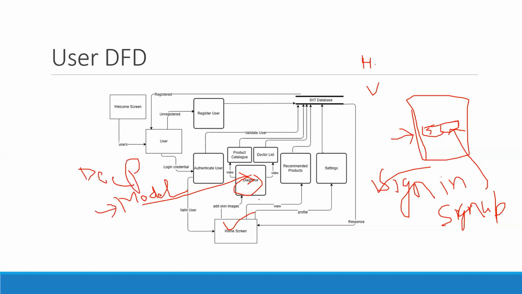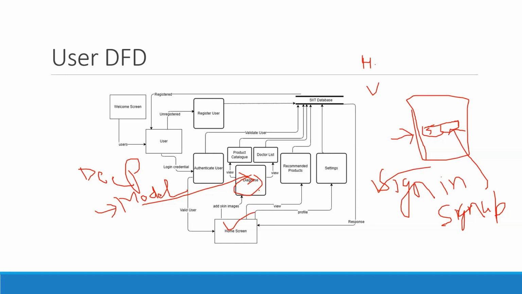Why is the model needed? Because according to the prediction given, the decision will be taken whether it will be a product catalog or a doctor list. If it is a non-chronic problem, the product catalog will be shown. If it is chronic, the doctor list will be shown.